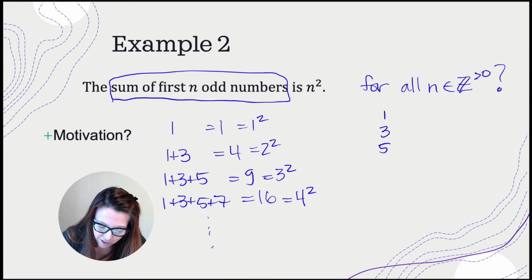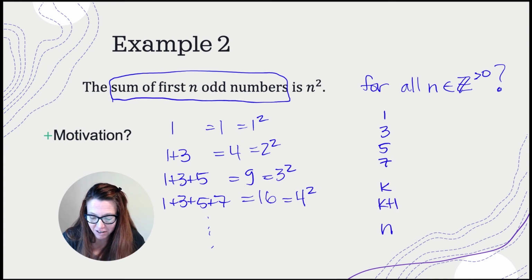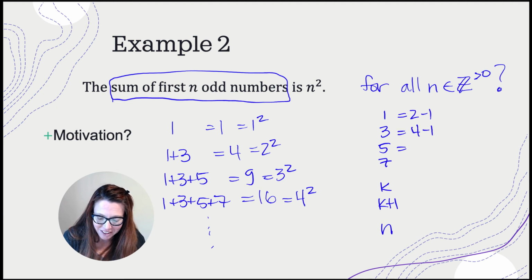1, 3, 5, 7. What is the kth number? The k plus first number. What is the nth number? So the first number is 1, and I can represent that as 2 minus 1. 3 is 4 minus 1. 5 is 6 minus 1. And 7 is 8 minus 1.